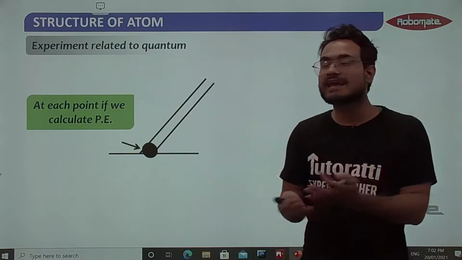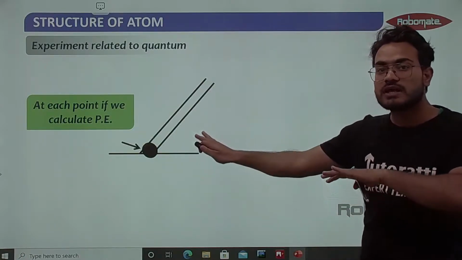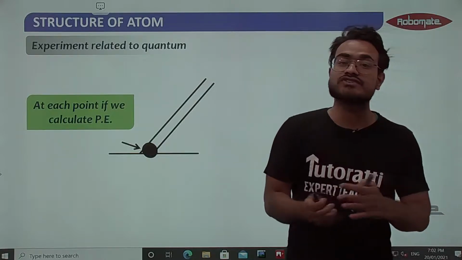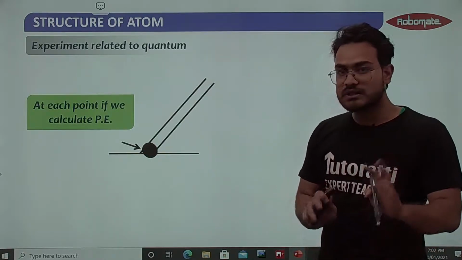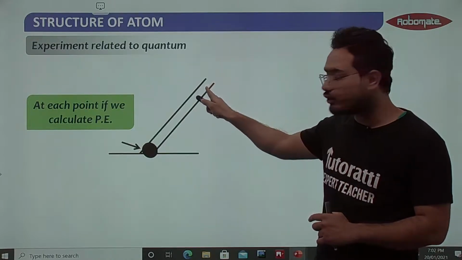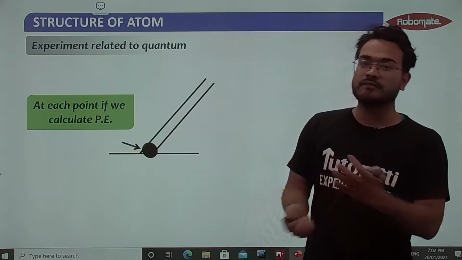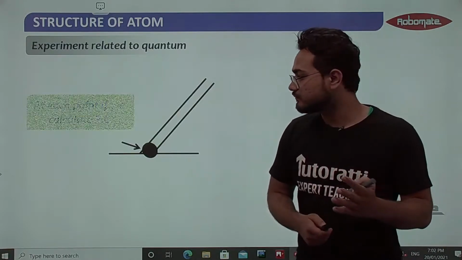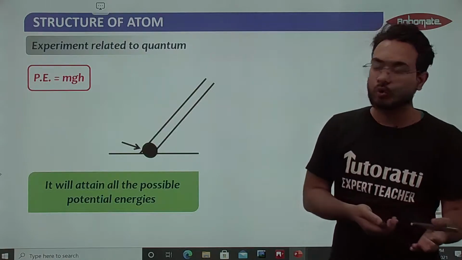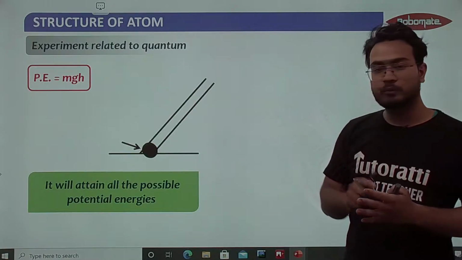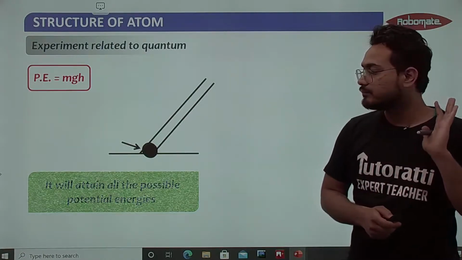So what can I infer from this information? That the energy is continuous, because I can calculate energy at this point and this point also. Potential energy is calculated by mgh, you already know it, so all the values can be calculated.